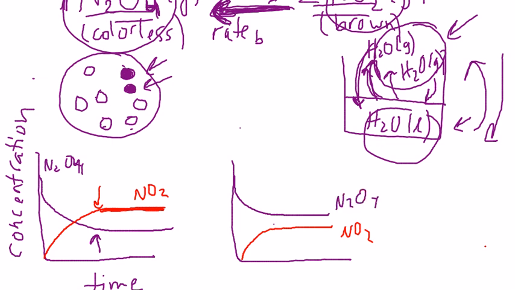Whichever substance shows the higher concentration at equilibrium is the one obviously in greater population. When these lines start to level out, that's when equilibrium has been reached.